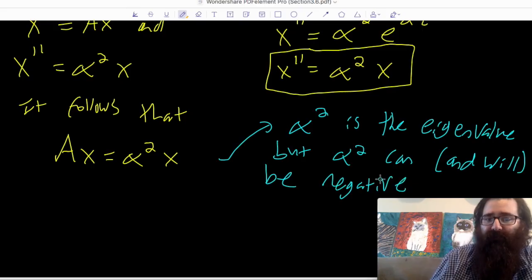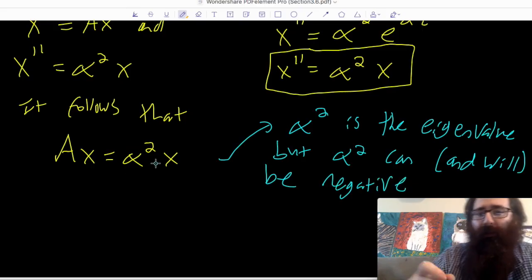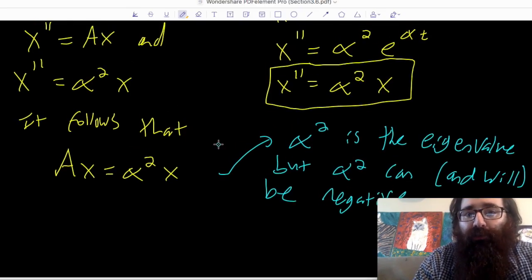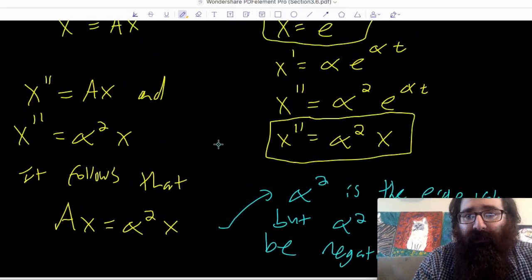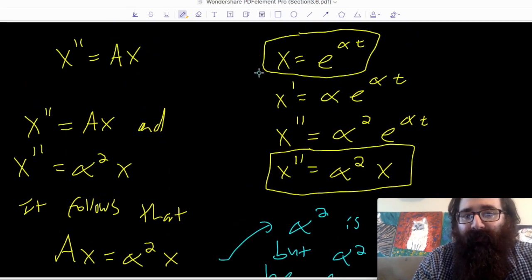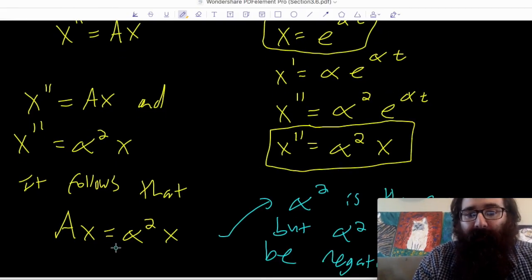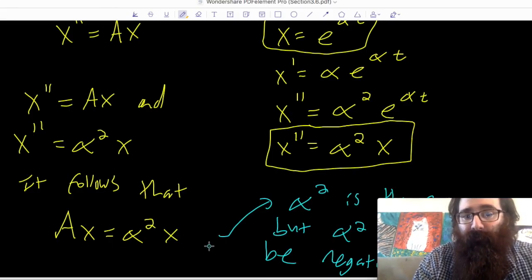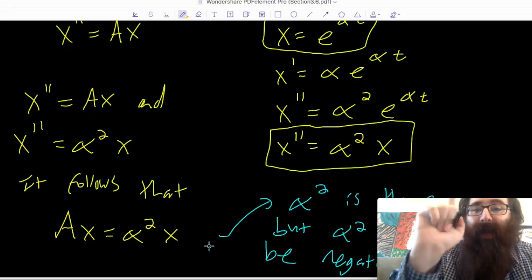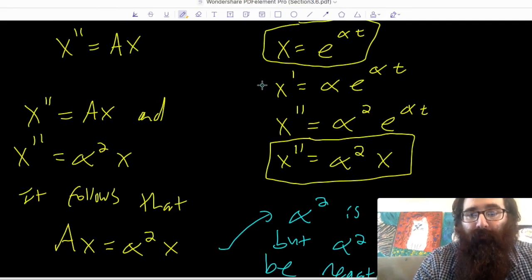Don't think of it so much as something squared. In fact, when we go to look at some problems in the section, we're not going to be generating it in this direction. That would mean that we already know what the solution is, and we're differentiating twice over. That's not the case. We're actually going to start here at the end, starting with, hopefully, an eigenvalue eigenvector system, and then we're going to work backwards to try to build our solution.